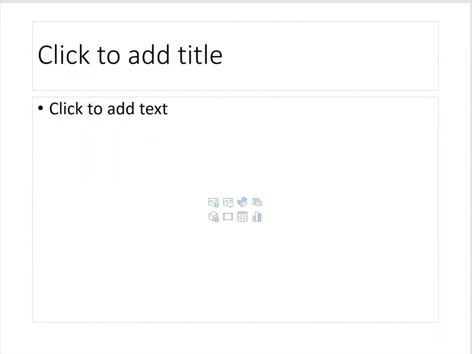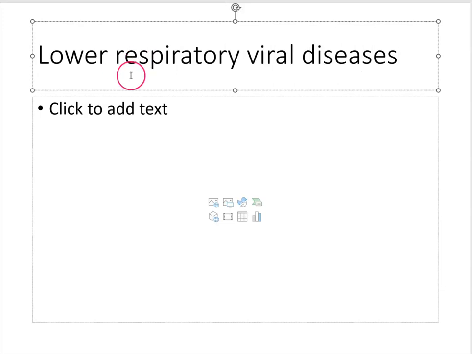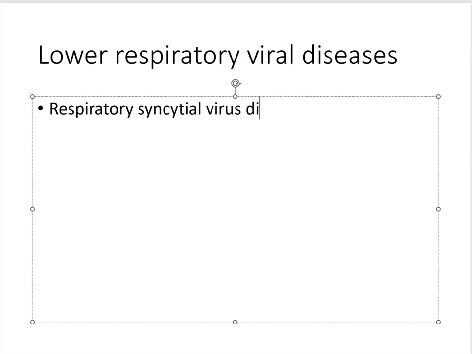So now we're on to the lower respiratory viral diseases. And the first one of these is respiratory syncytial virus disease. There is no other name for this.